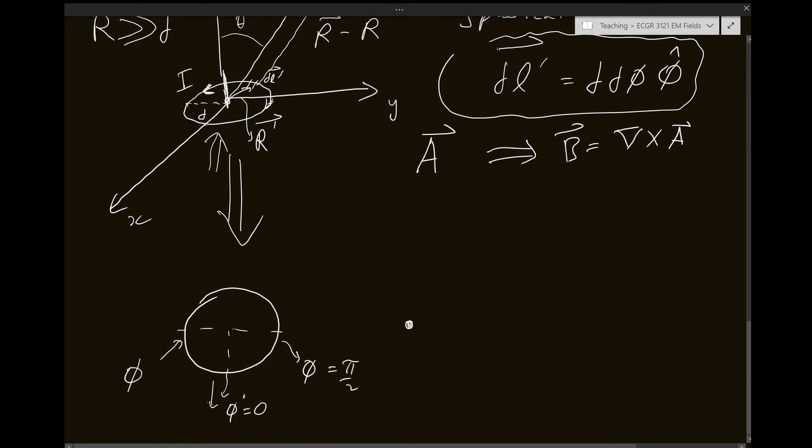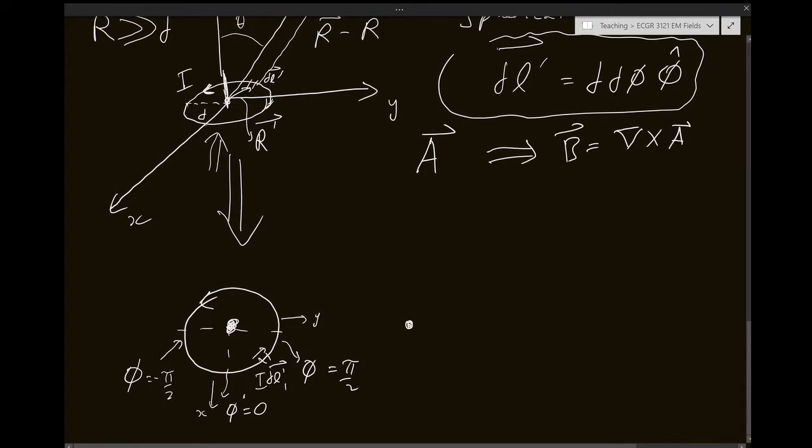This is the x direction, y direction, and then the z direction is going up. And this is where phi equals minus pi over 2. Let's say I have a dl prime element here. Let's call this element I dl1. This element is in this direction.